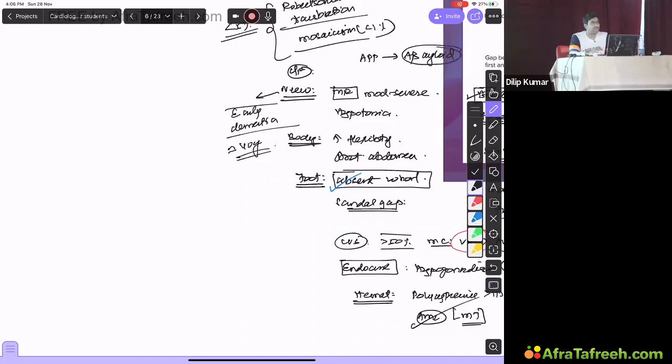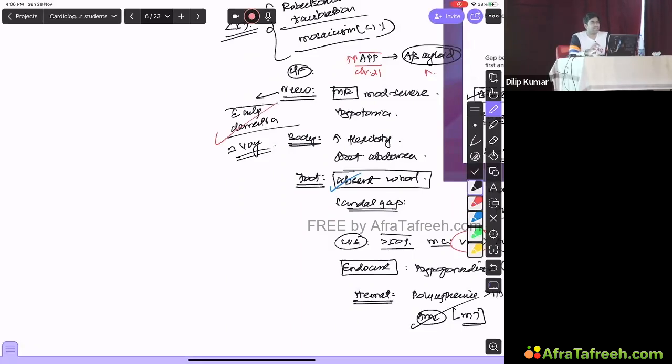More A beta amyloid, that's the pathophysiology. If you ask where APP, amyloid precursor protein, is coming from, it is coming from chromosome number 21. So these patients are having 3 copies of chromosome 21. So naturally they will produce excessive amyloid precursor protein and there will be more A beta amyloid production. So they are prone to developing early dementia, early Alzheimer's disease, by around 40-45 years of age itself.